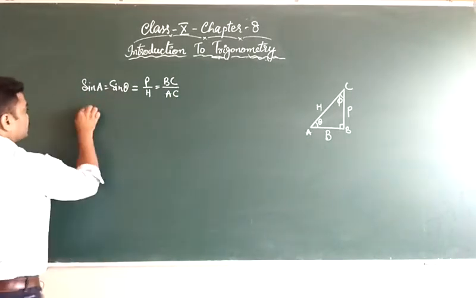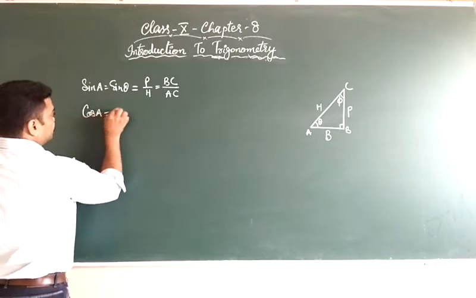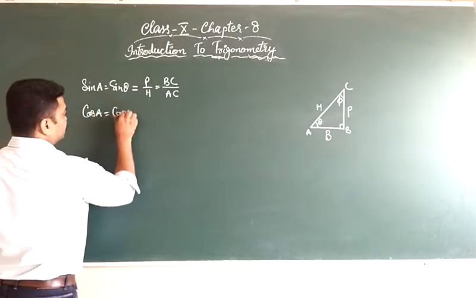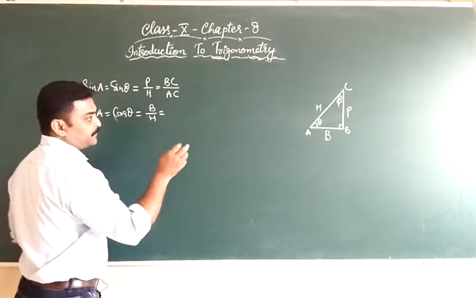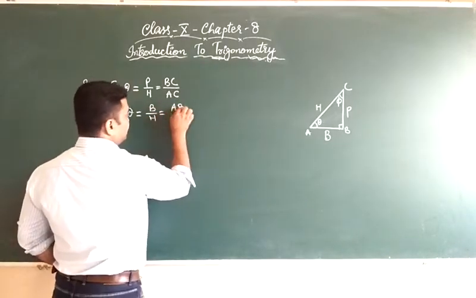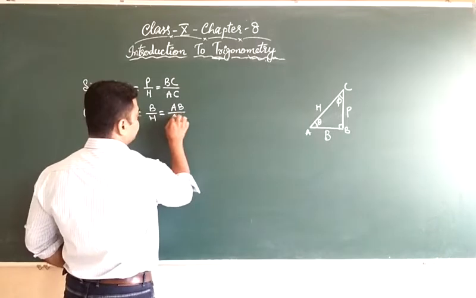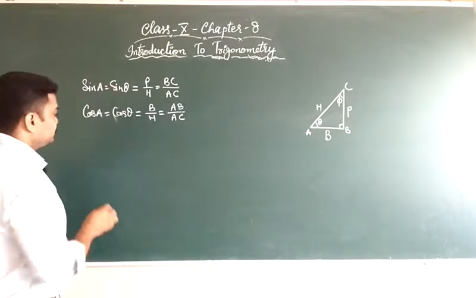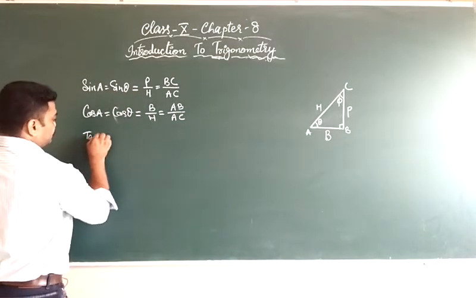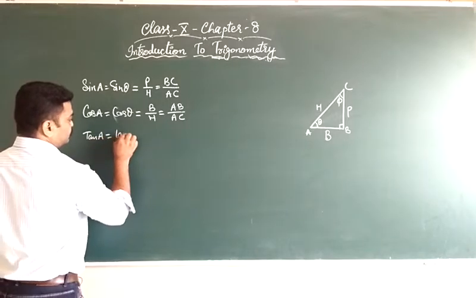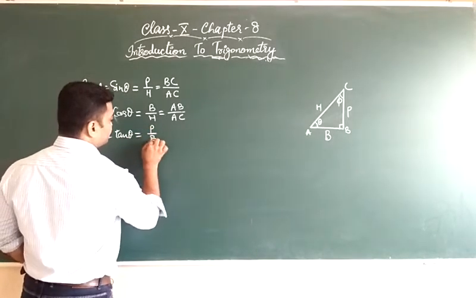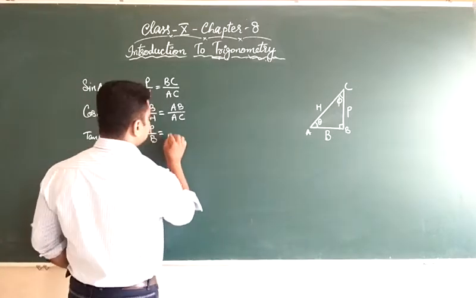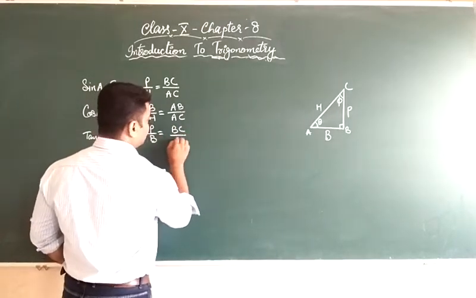Clear? Cos A is equal to cos theta is equal to base upon hypotenuse, and the base is AB upon hypotenuse AC. Tan A is equal to tan theta is equal to perpendicular upon base, that is BC upon AB.